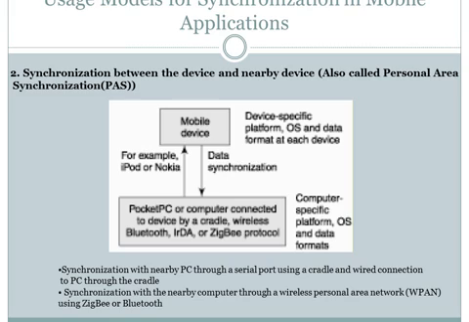Coming to the next usage model for synchronization, here the synchronization happens between a device and another nearby device. Another name for this is personal area synchronization.